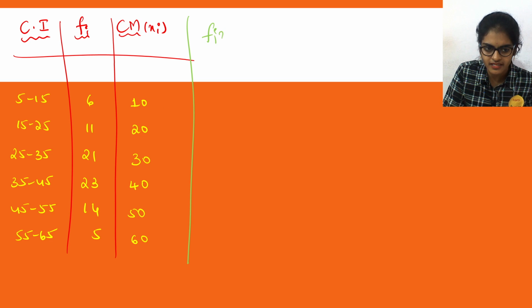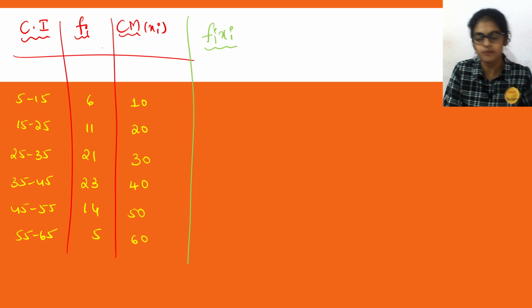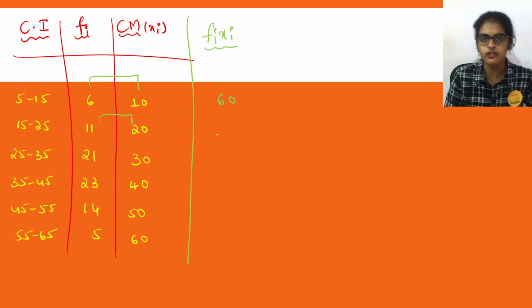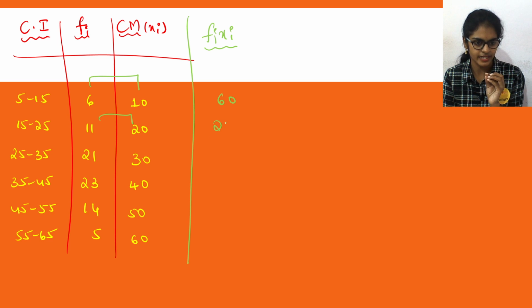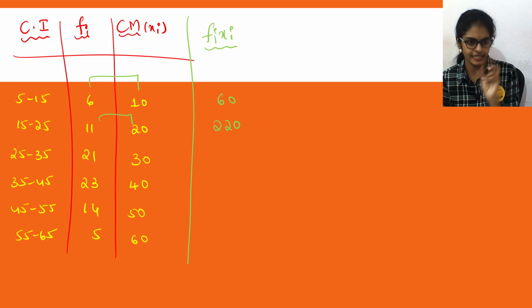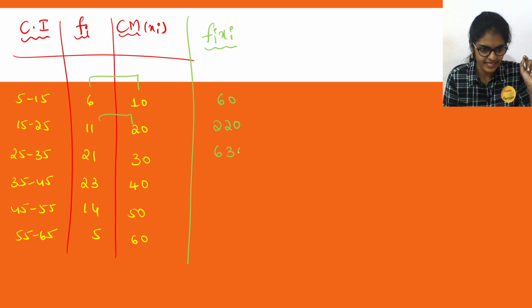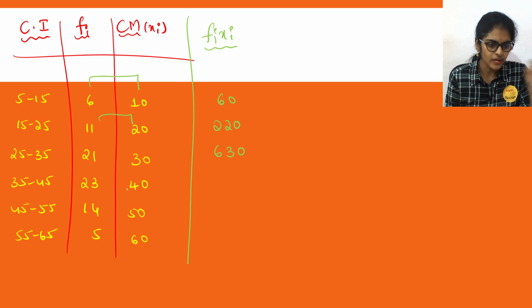So you can just directly multiply and take the product of Fi and Xi. That means 6 into 10 is 60. 11 into 20. 11 twos are 22 and I have a 0, so I'm writing it here. 21 into 3. 21 into 3 is 63 and you have a 0. 23 into 4.